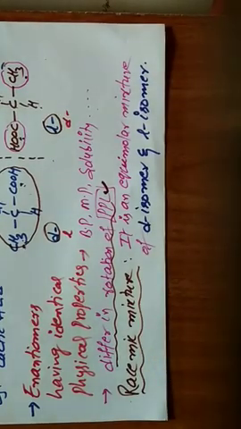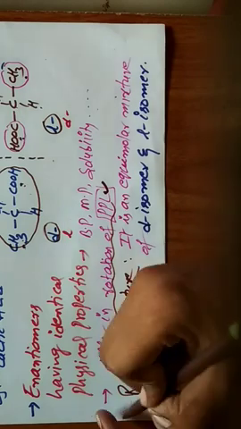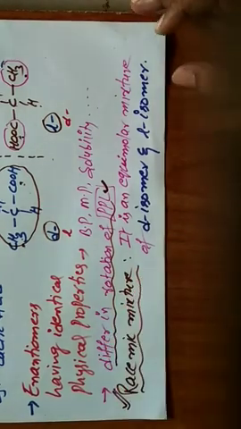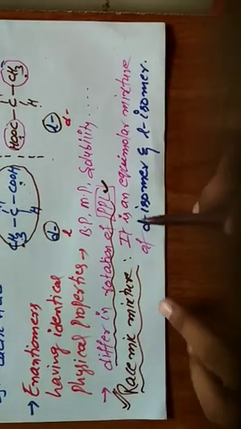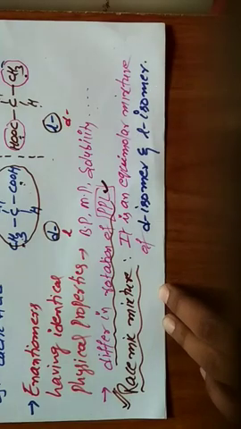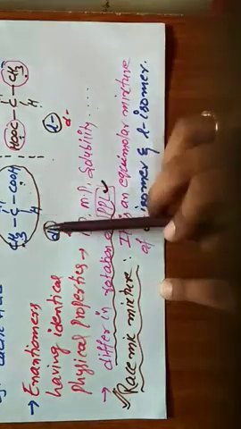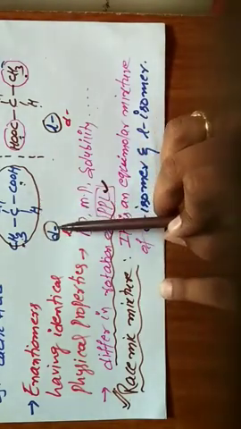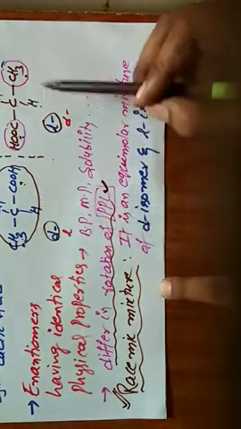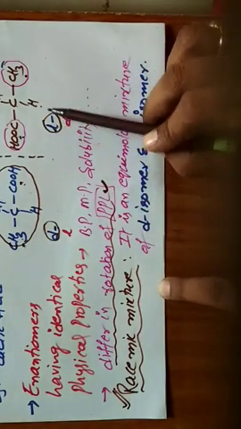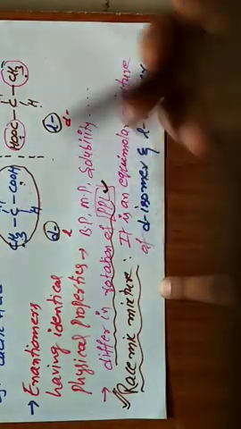So what is the meaning of this? Racemic mixture is a very important definition for the regular syllabus also. It is an equimolar mixture of D isomer and L isomer. For example, lactic acid: 50% D lactic acid is mixed with 50% L lactic acid. That is called racemic mixture.